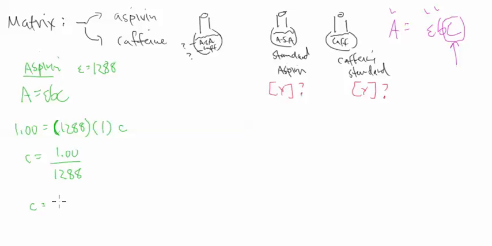And you're going to end up getting 7.76 times 10 to the negative fourth molarity. Okay, so this lets me know the concentration of aspirin that I need to make to run on a UV-Vis, and when I do that, I probably would get an absorbance close to 1.